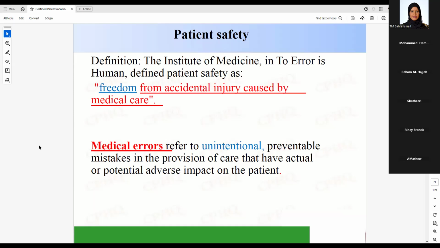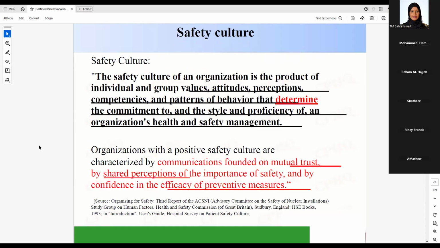We even talked about the word accidental injury, and we said sometimes medical care does require some injuries, like when we do surgeries or when we open up a patient or we give you medication, where the medications in itself can be harmful. So freedom from accidental injury is the aim of the patient safety. And medical errors are the unintentional preventable mistakes in the provision of care that have an actual or a potential adverse impact on the patient.